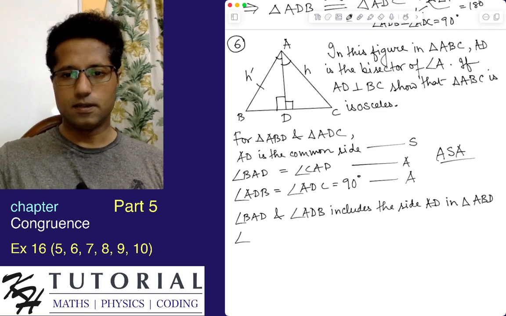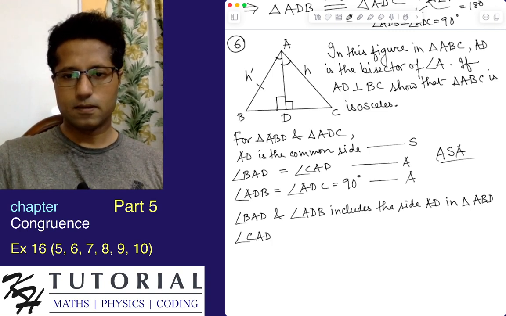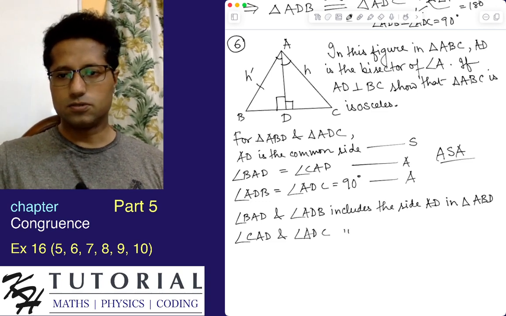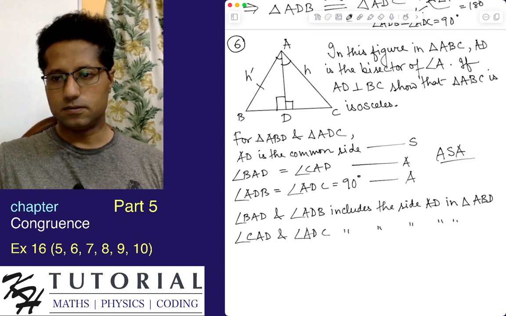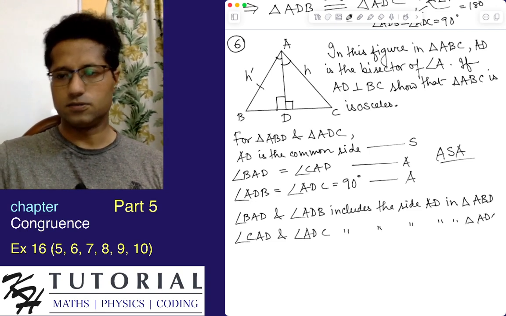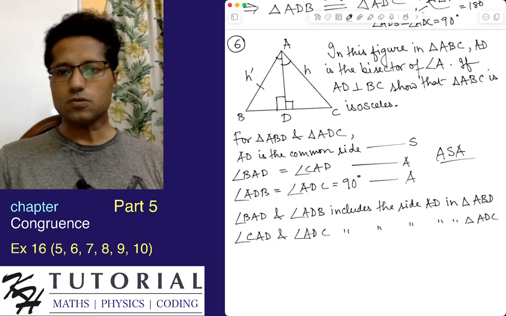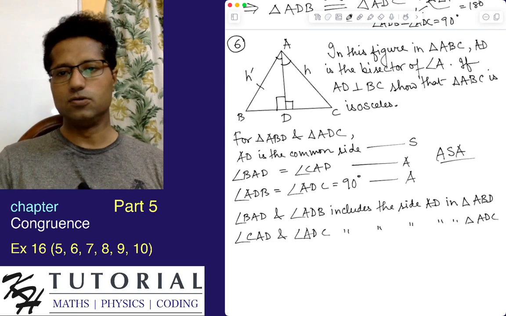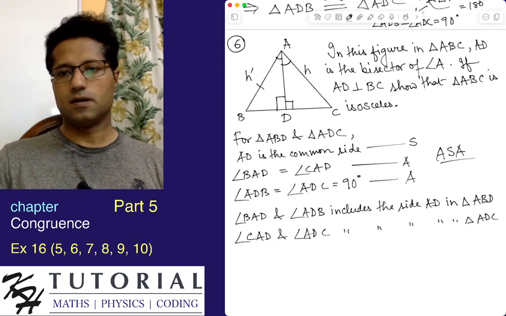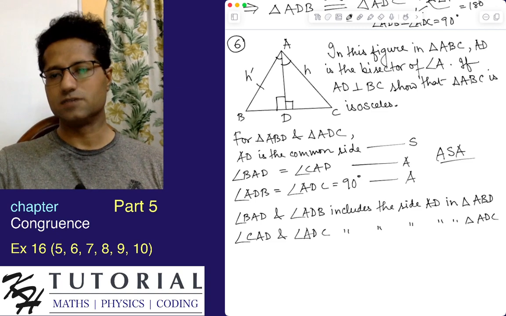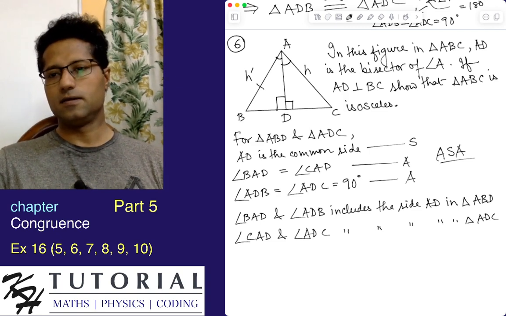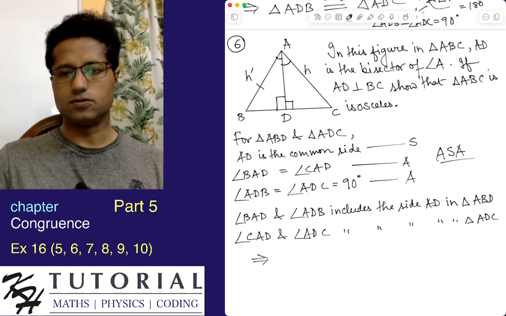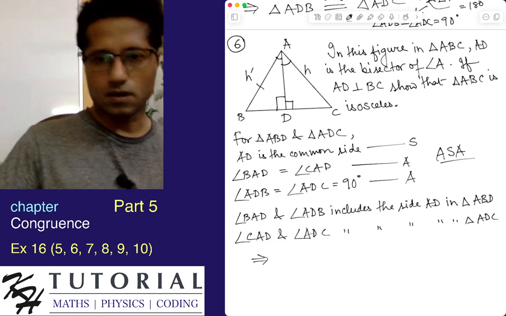Similarly, angle CAD and angle ADC include the side AD in triangle ADC. So the three matching parts are two angles and the side included between them. Hence, we apply the ASA congruence property, which is angle side angle. Now we have to see the correspondence.